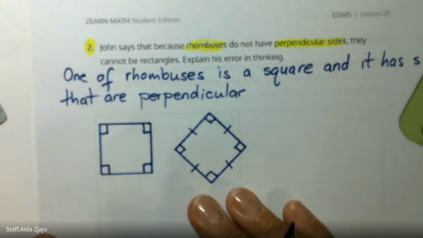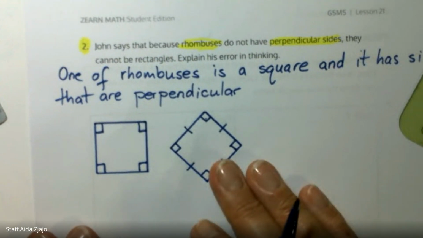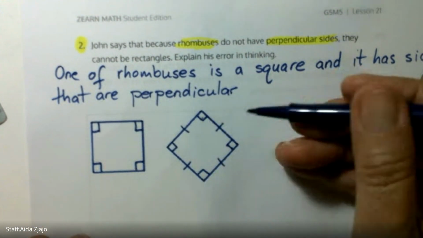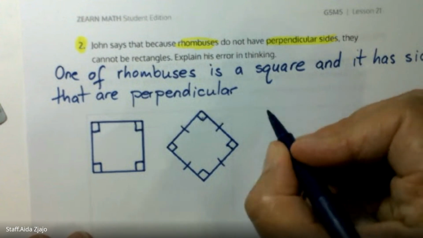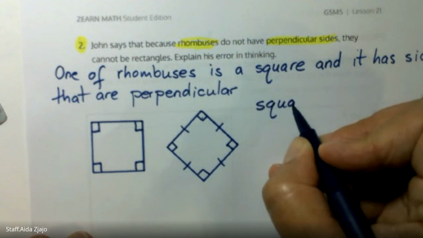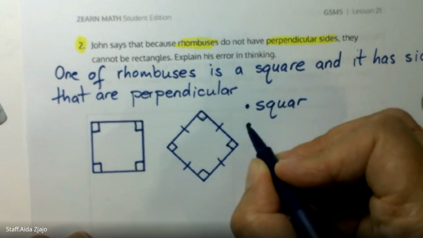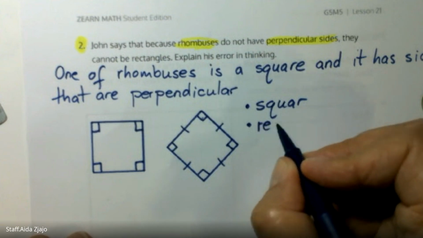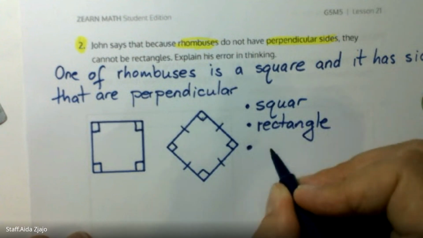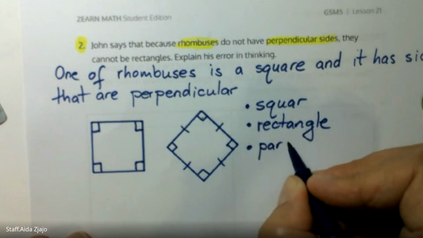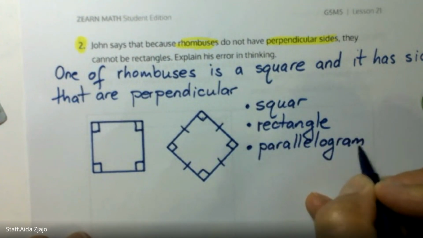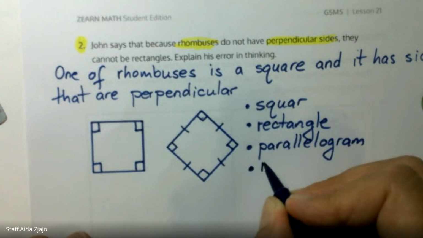So that is why a square is a rhombus. This particular shape can be called a square, can be called a rectangle, can be called a parallelogram, and can be called a rhombus.